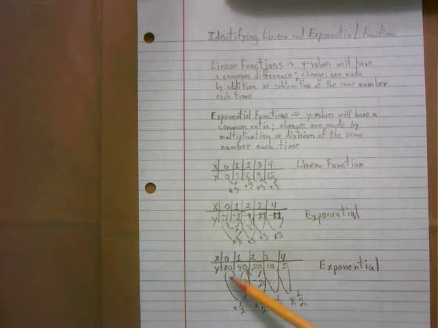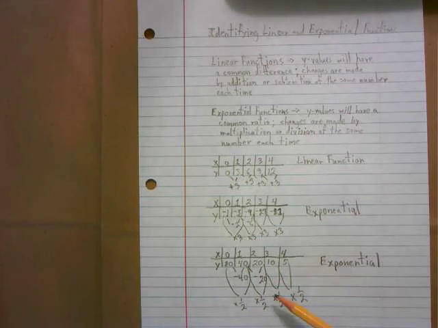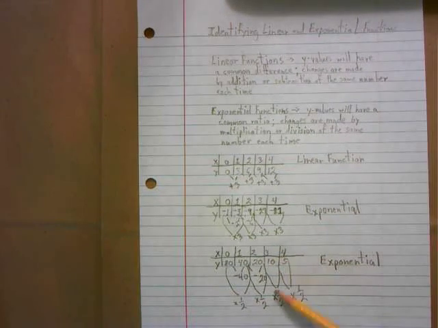Well, we know that 40 is half of 80, so we could write that as times 1/2 to go from 80 to 40. And then to go from 40 to 20, that would also be times 1/2. And of course, to go from 20 to 10, times 1/2. From 10 to 5, the same, times 1/2.